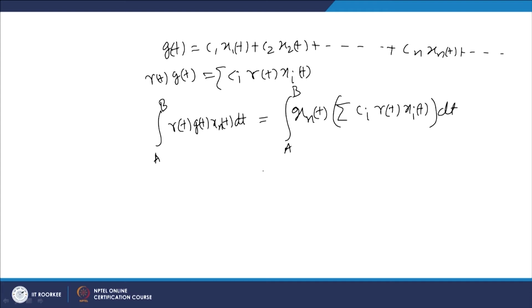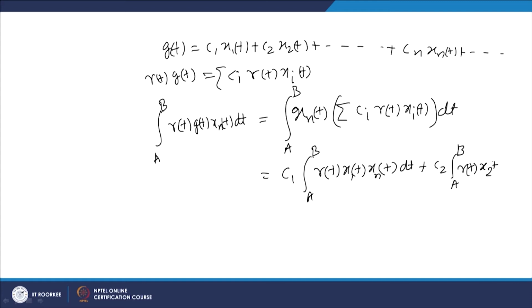Or if you want to write it in a simpler form, this is C1 times the integral from a to b of r(t) x1(t) xn(t) dt plus C2 times the integral from a to b of r(t) x2(t) xn(t) dt and so on. Here it is Cn times the integral from a to b of r(t) xn squared(t) dt and so on.